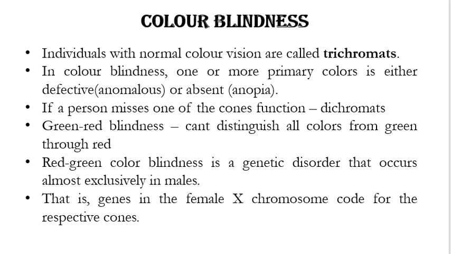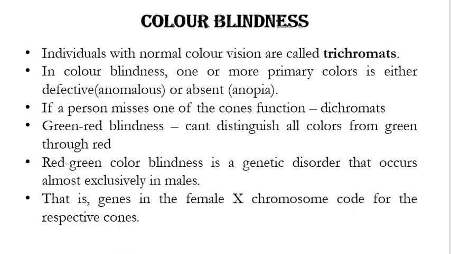So what happens to people who are colorblind? Before I go on with this, please watch the attached video on theories of color, and it will explain more on what I've explained on the previous slide. Individuals with normal color vision are called trichromates.